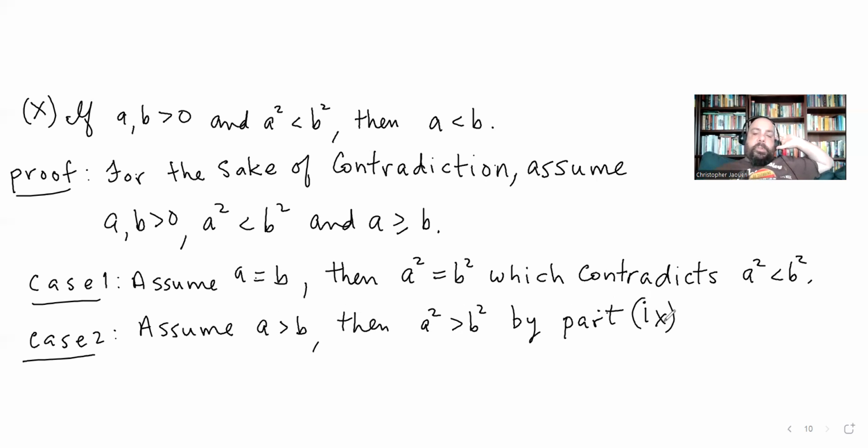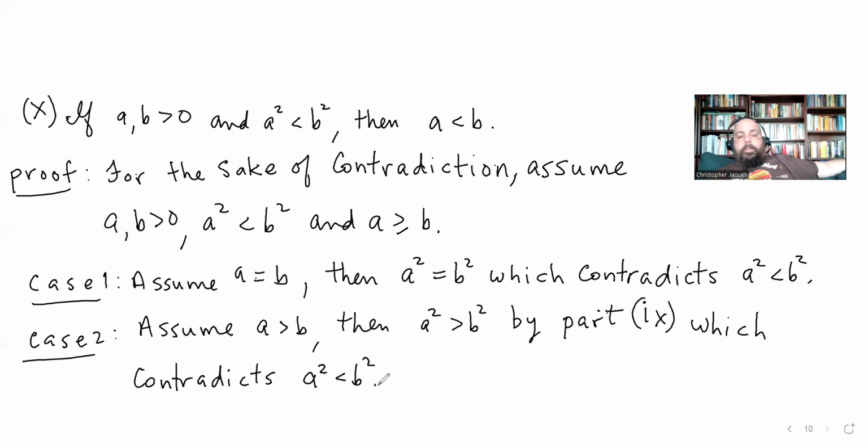And that also contradicts that A squared is less than B squared. And that exhausts all the possible cases. So that shows that the original statement is true. That's called a proof by contradiction. Right, and that's basically the end of question number 5.